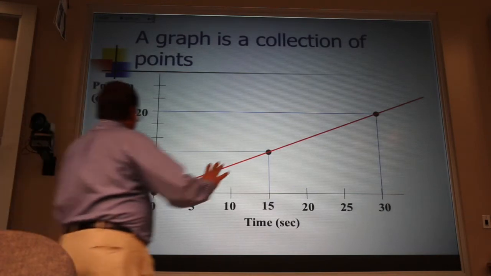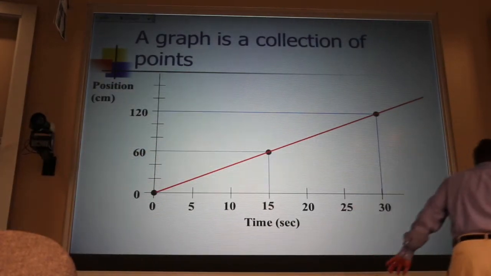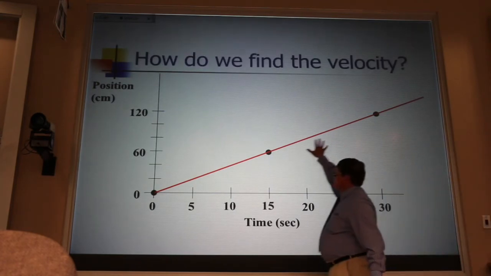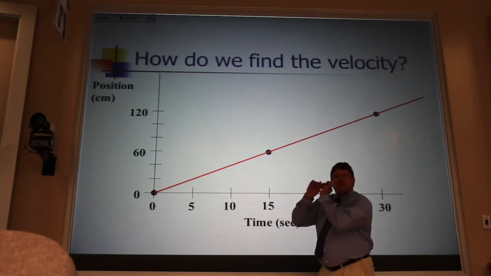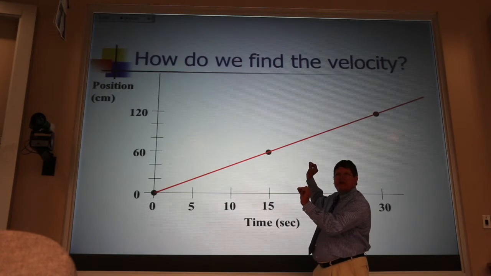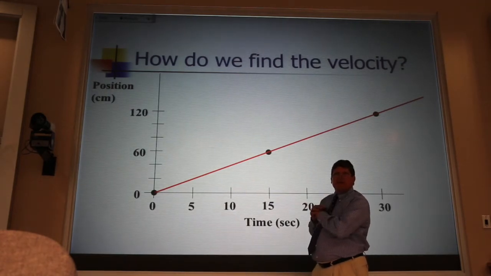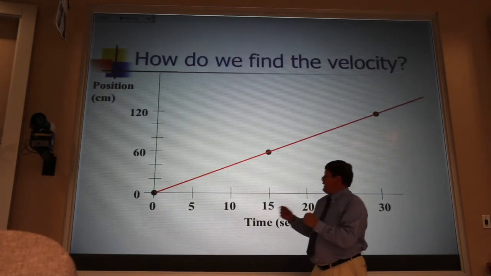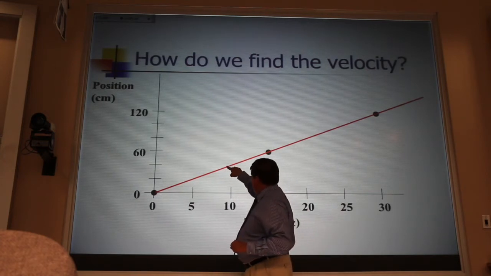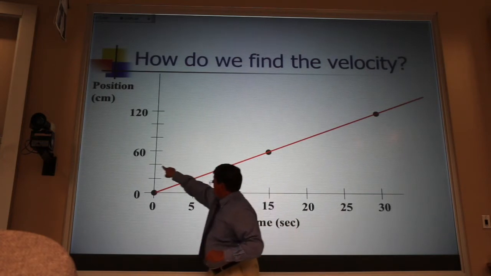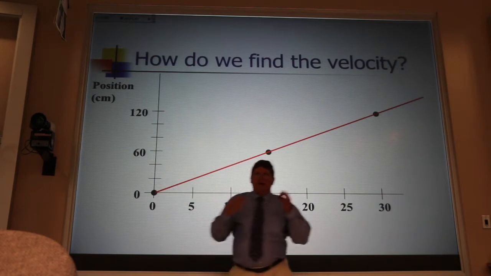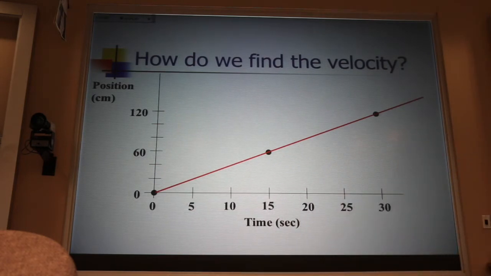So whenever you see a motion graph, you want to see the red line as a bunch of red dots that are smeared together, each red dot being a data point. So like right here, at t equals 10 seconds, I would be at 40 centimeters. A bunch of data points. Again, most everyone already knows that.